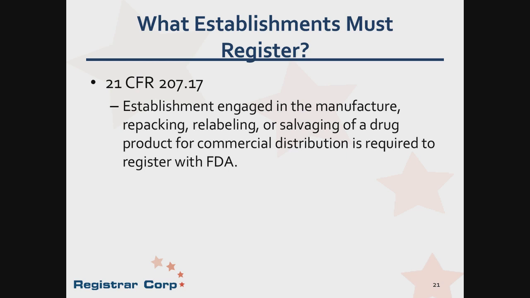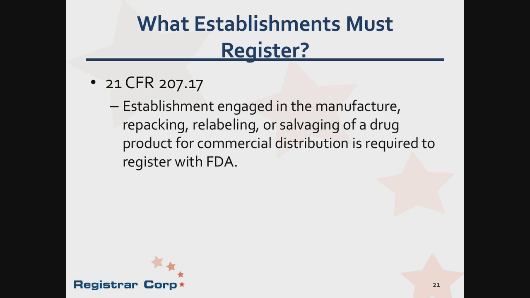Manufacturers, repackers, relabelers, and salvagers must register each domestic establishment that manufactures, repacks, relabels, or salvages a drug or an animal feed bearing or containing a new animal drug, and each foreign establishment that manufactures, repacks, relabels, or salvages a drug or an animal feed bearing or containing a new animal drug that is imported or offered for import into the United States.